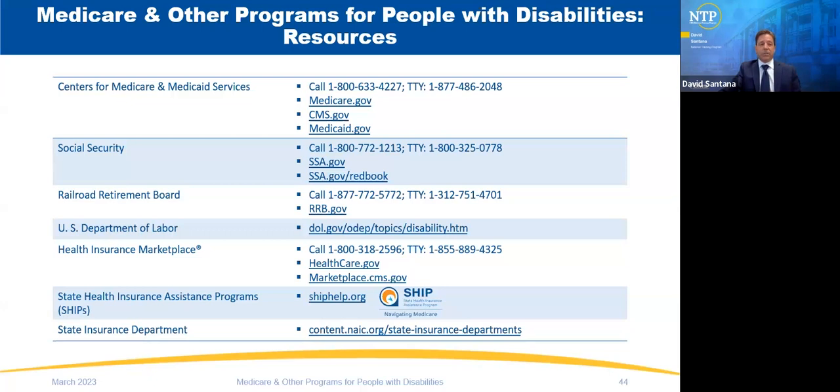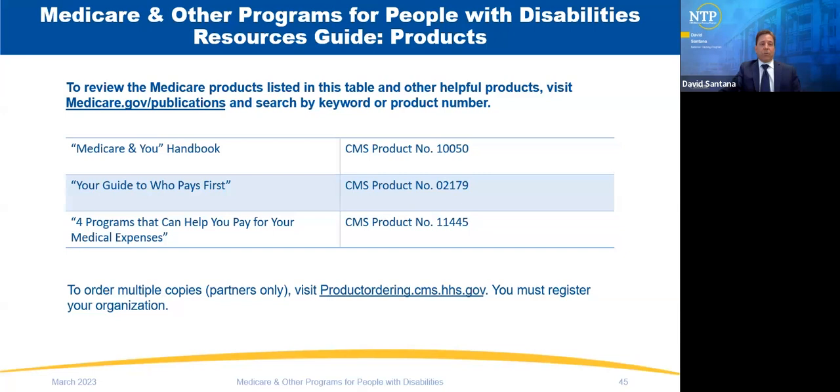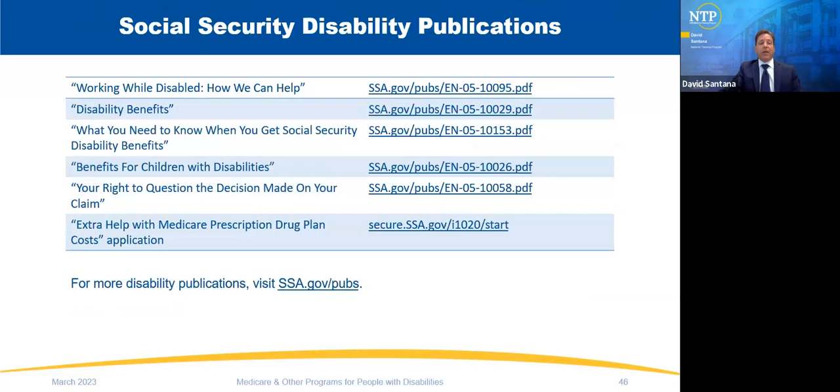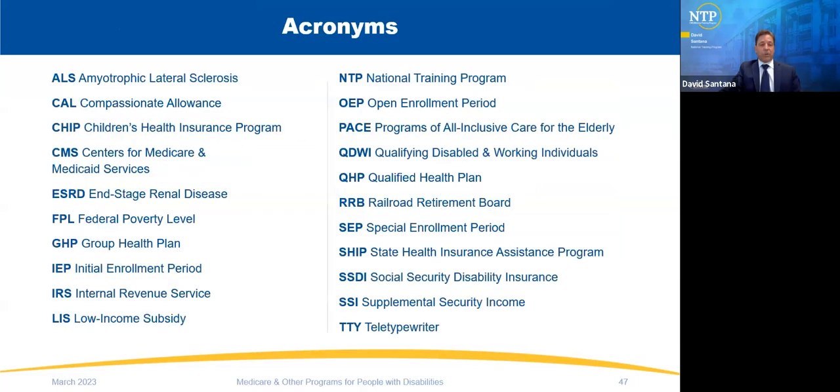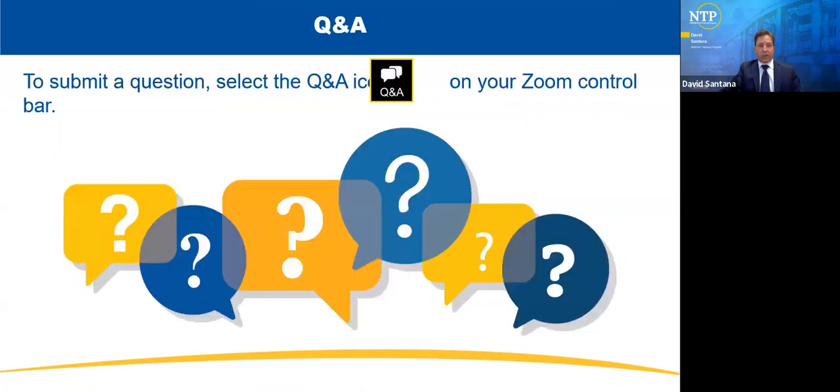We also listed Social Security, Department of Labor, and such. We also have some publications with basic information about Medicare. And we also listed a group of publications from Social Security that may help you with more information about those programs that we just addressed. And with that, Sylvia, I think we're ready to take some questions.